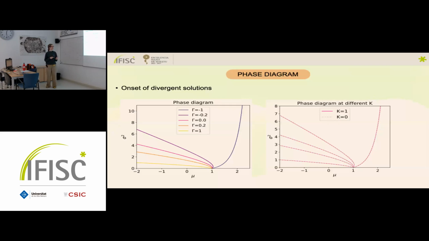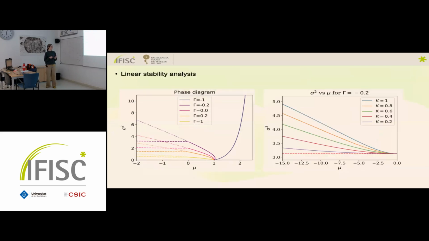The second source of instability of our system comes from, well, we performed the linear instability analysis to find the other source of instability from our system, and we were able to find these striped lines, which are the lines that represent the lines over which we reach linear instability.